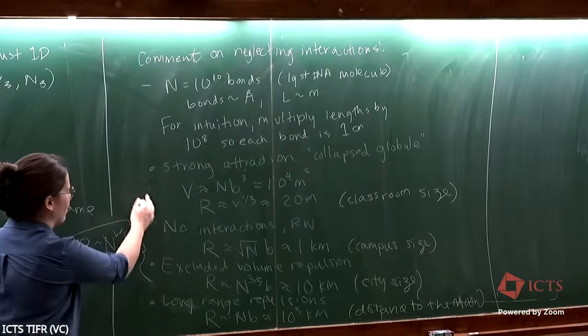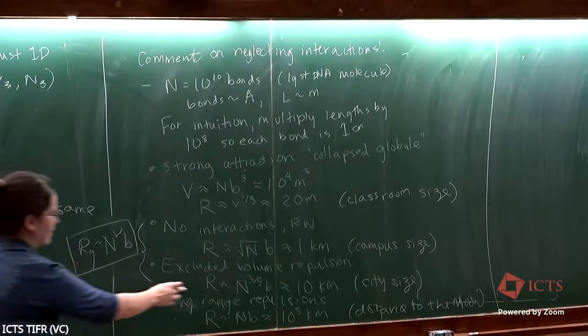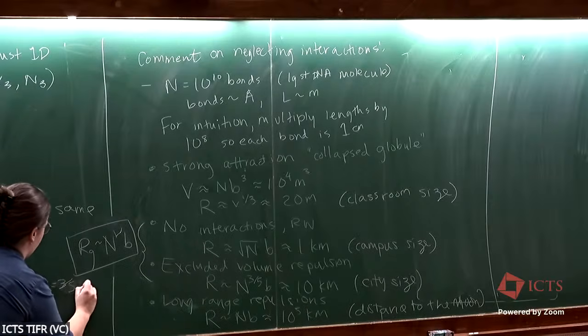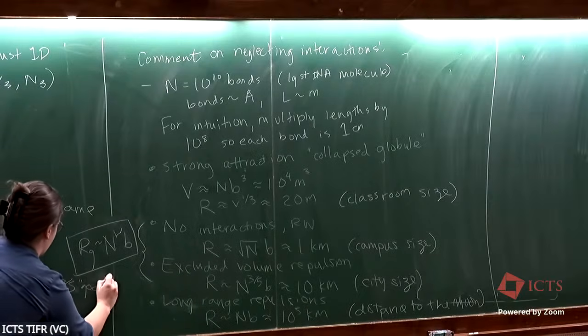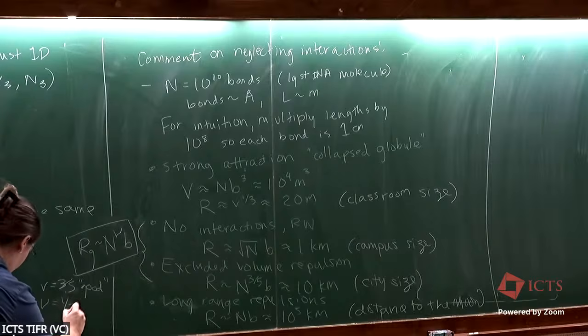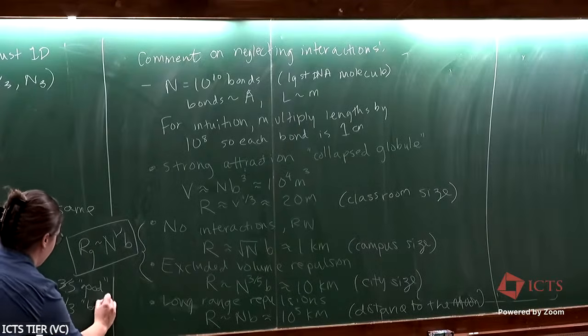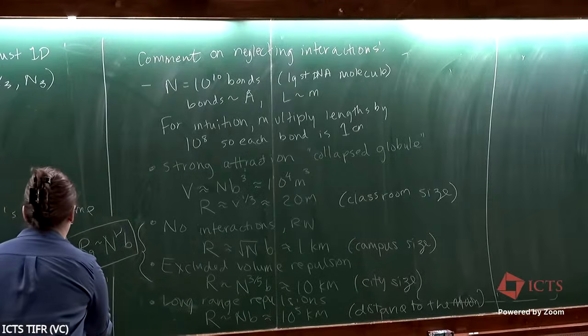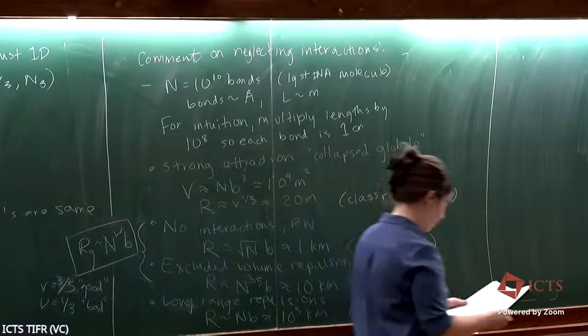A good solvent will have this nu is 3/5 exponent, whereas nu would be 1/3 for a bad solvent. And then the theta solvent is somewhere in between, where you get things that look as if there's no interactions, another case in which the random walk is very accurate.